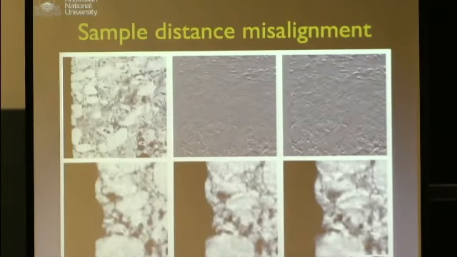So let's just quickly see what the sample distance misalignment looks like. This is more or less aligned. This is off by 4 units, this is off by 8 units, and we see a more or less compression. If we subtract these images from the original, we see a compression type change in the reconstruction.